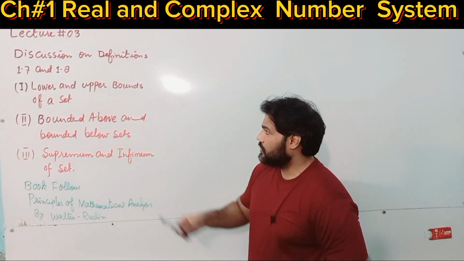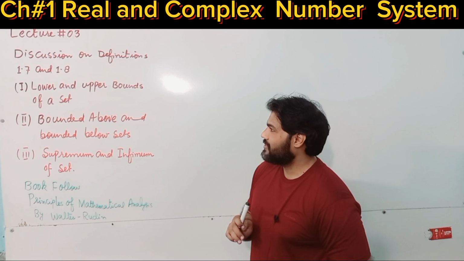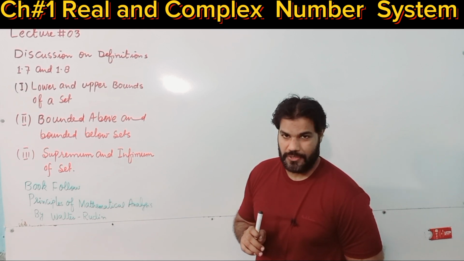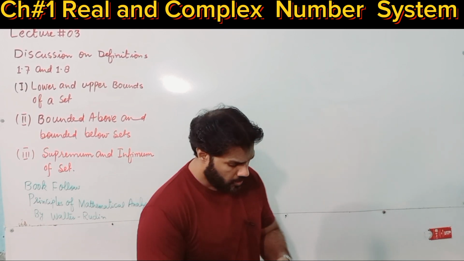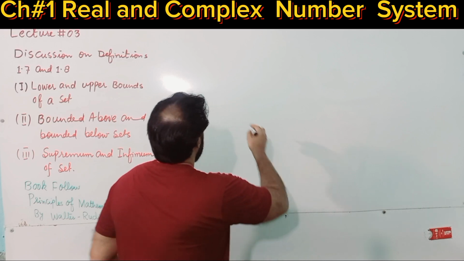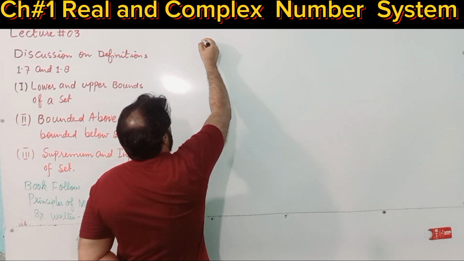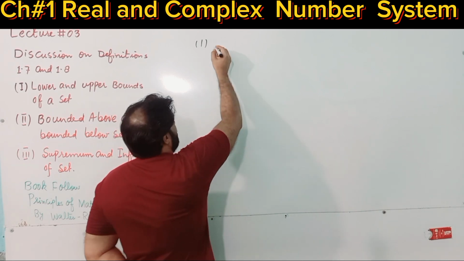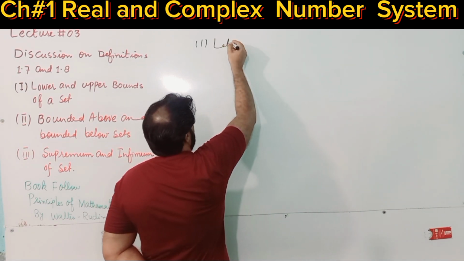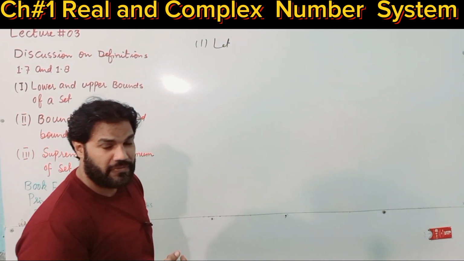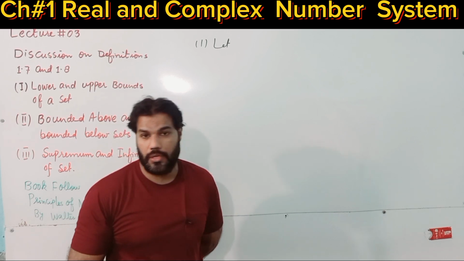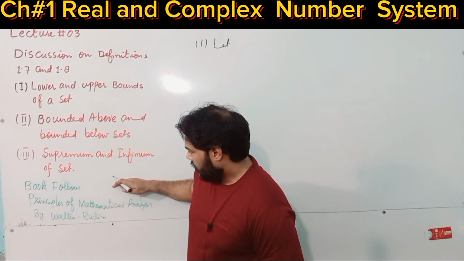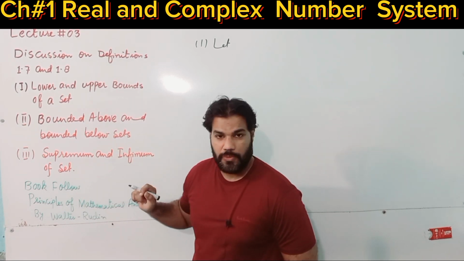So firstly we define what is lower and upper bound of a set. Let S be a set. Here I will discuss these definitions according to the reference book, that is Principles of Mathematical Analysis.